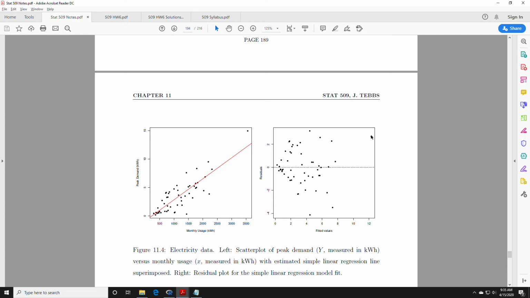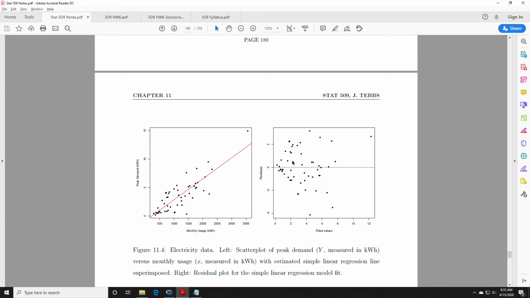This is actually not an assumption-violating thing. It just happens that one of the observations has a very large predicted value, which has nothing to do with whether the assumptions are violated. This is not a bad thing. It just happens that one observation in the data set is a lot bigger than the other ones.